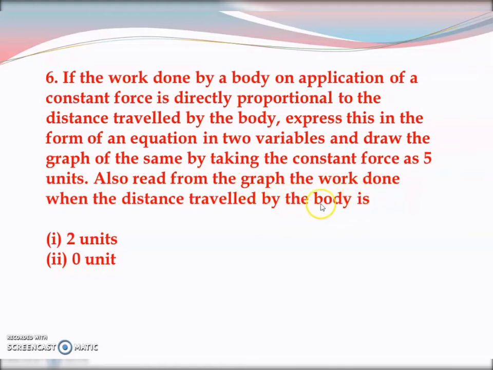Also read from the graph the work done when distance travelled by the body is 2 units and 0 units. So here what is given is work done is directly proportional to distance travelled. So when you remove the proportionality sign, you have to add some constant. That constant force is also given to you as 5 units.